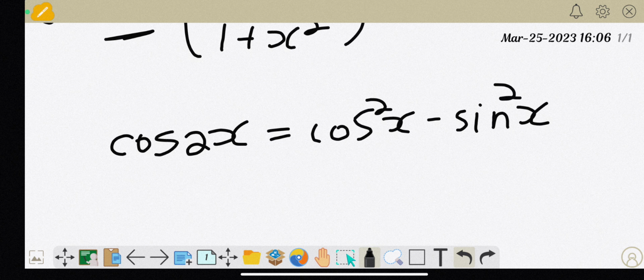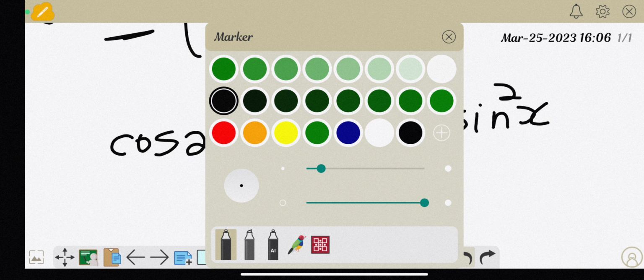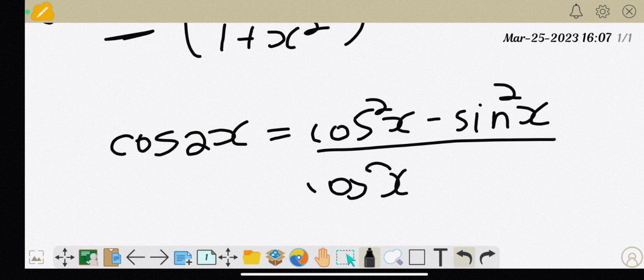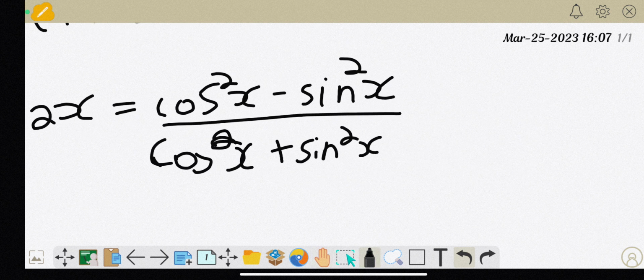Okay, so this, if nothing is in the denominator, what does it mean? It means there is 1 in the denominator, correct? So 1 I can write as, okay, let us write the cos term in the beginning, cos square x plus sine square x, correct? And if I divide by cos square on both sides, what will it become?